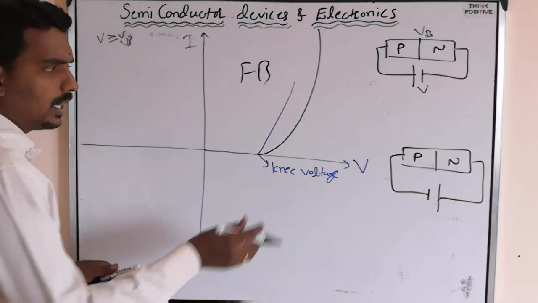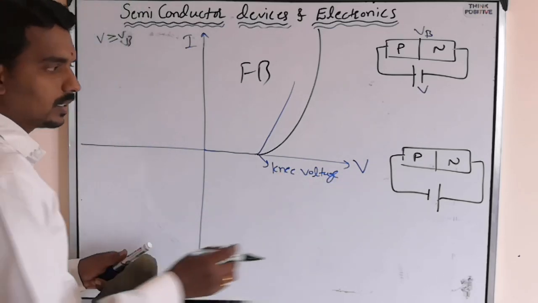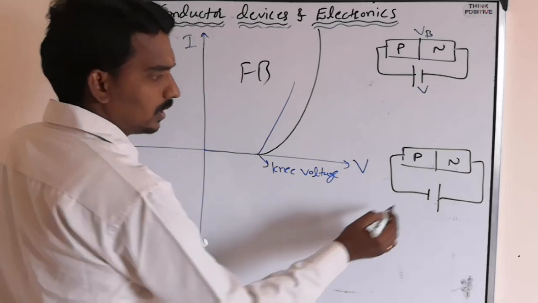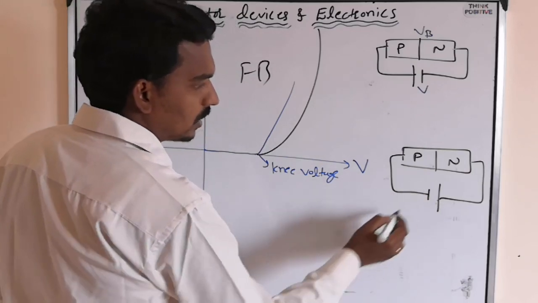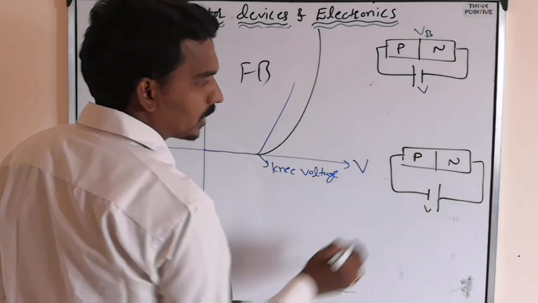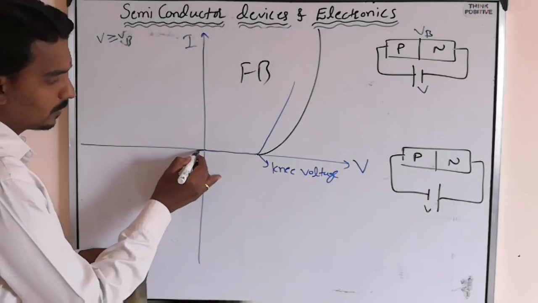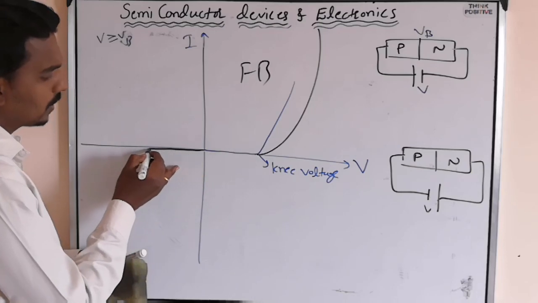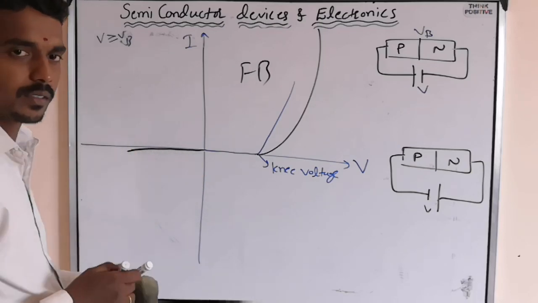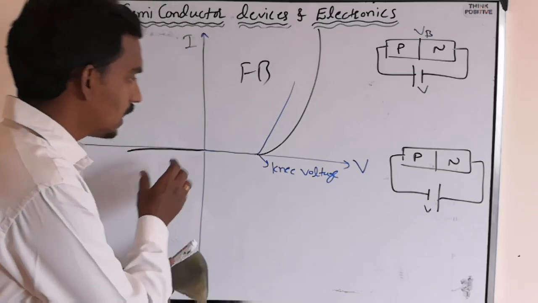Now in a similar way, if you consider reverse bias here. When you apply some voltage, the current increases slowly, but very little.